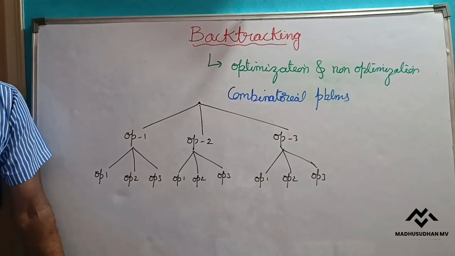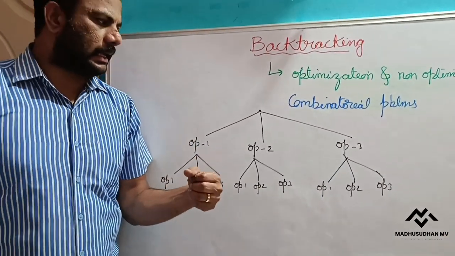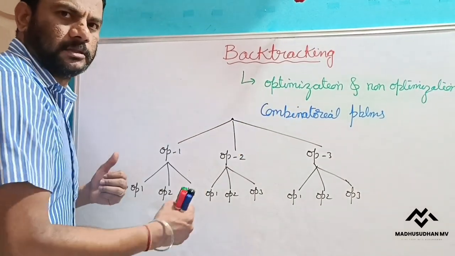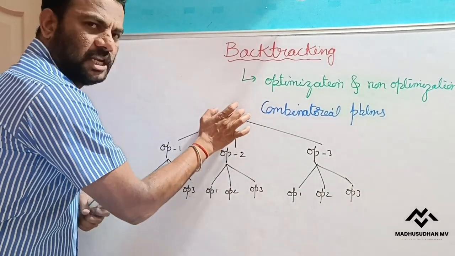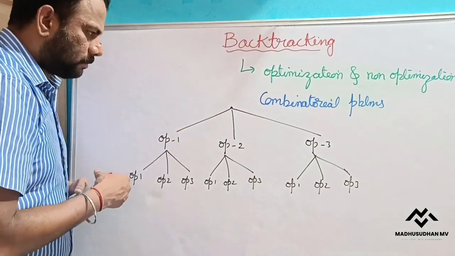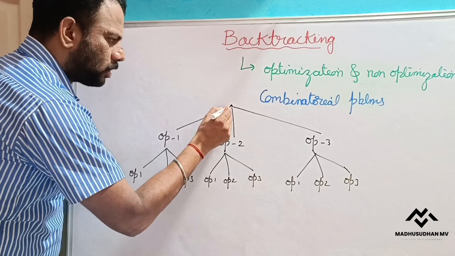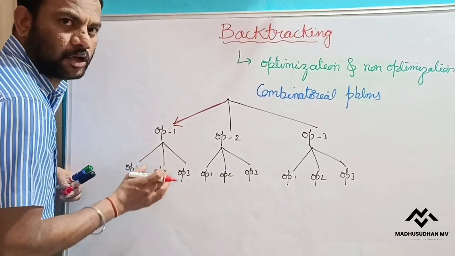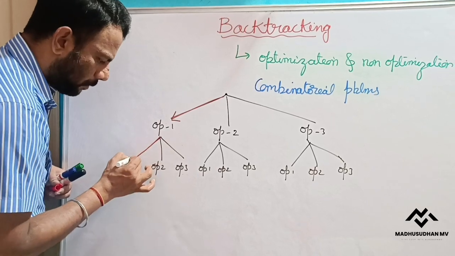The principal idea behind backtracking is that it can solve problems that have multiple options. This is the initial solution, nothing is there. First you check the first option. In the first option, again assume it has three options, and we check the first option.